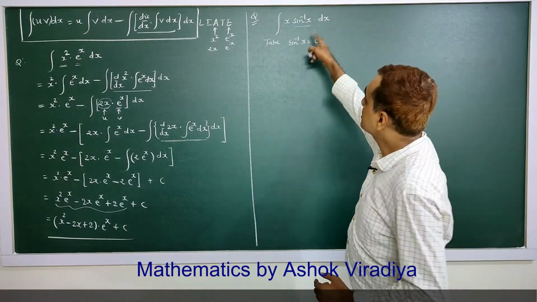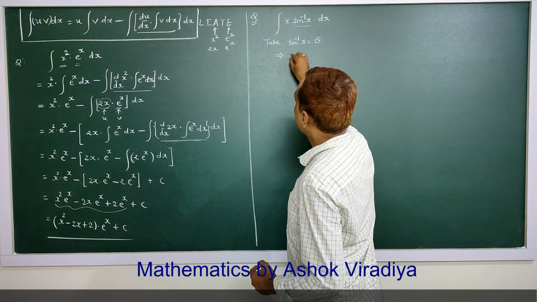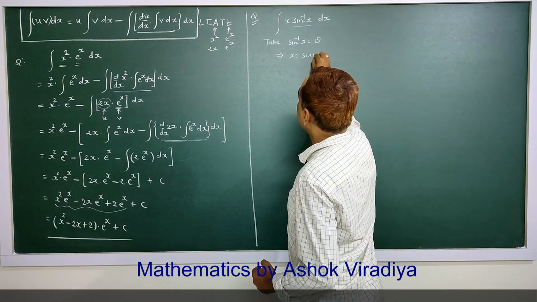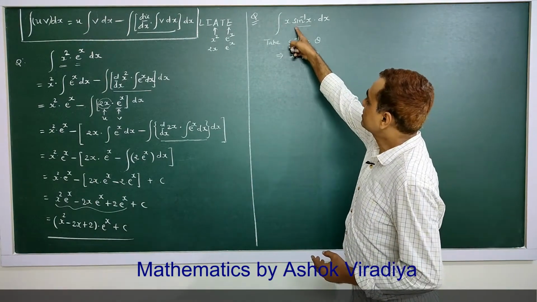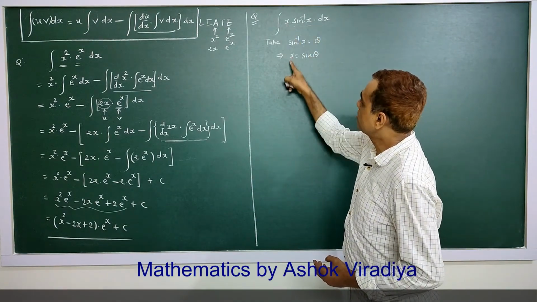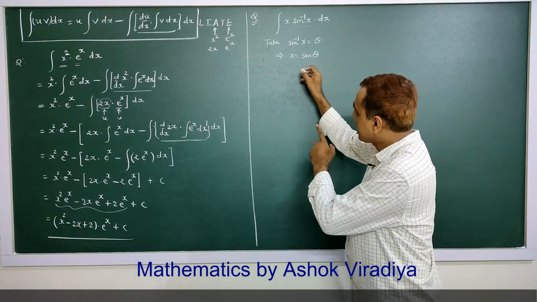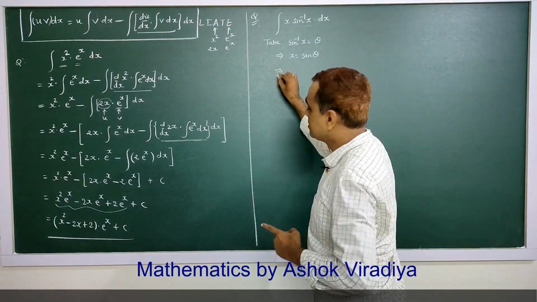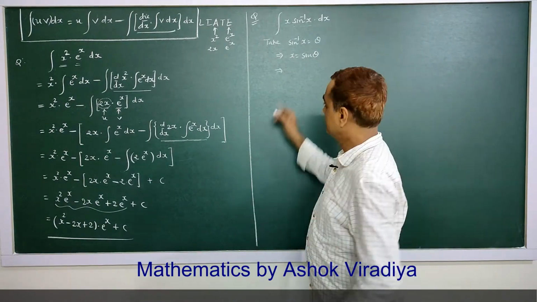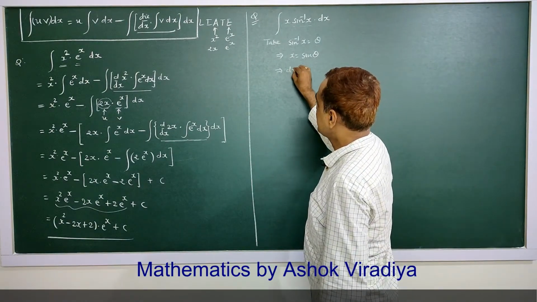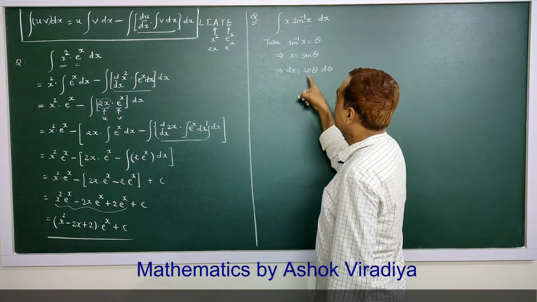If sine inverse x equal to theta, then next step you put x equal to sine theta. Sine inverse x is theta, so x equals sine theta. After this step, next step is the relation between dx and d theta. So here dx is cos theta d theta. Derivative of sine theta is cos theta.